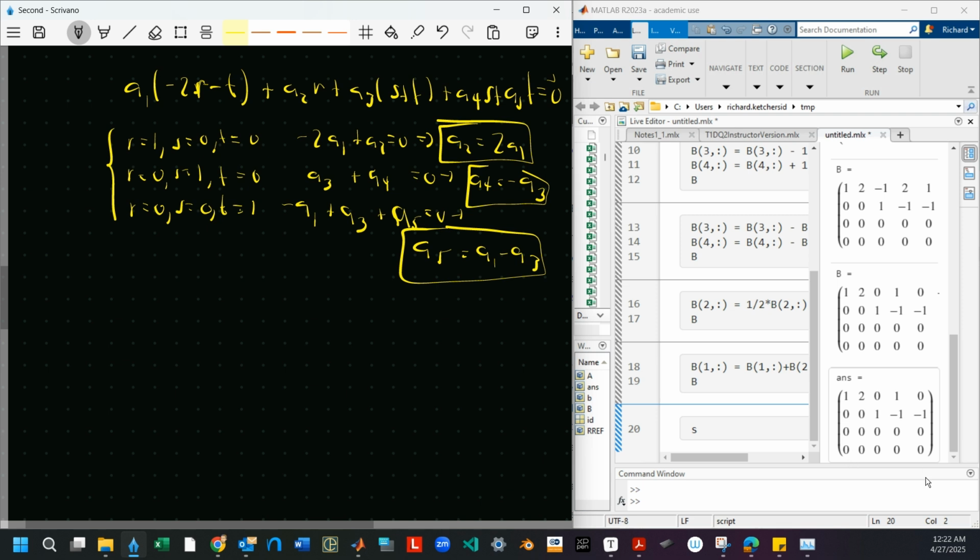And then over here, I go to this column here, and it's saying that A4 is equal to A1 minus A3.